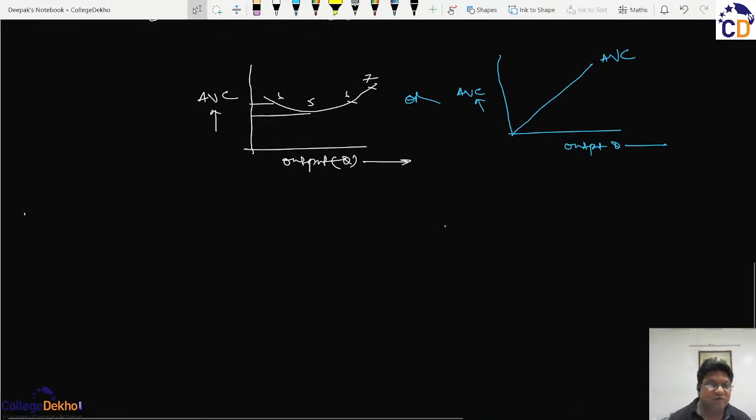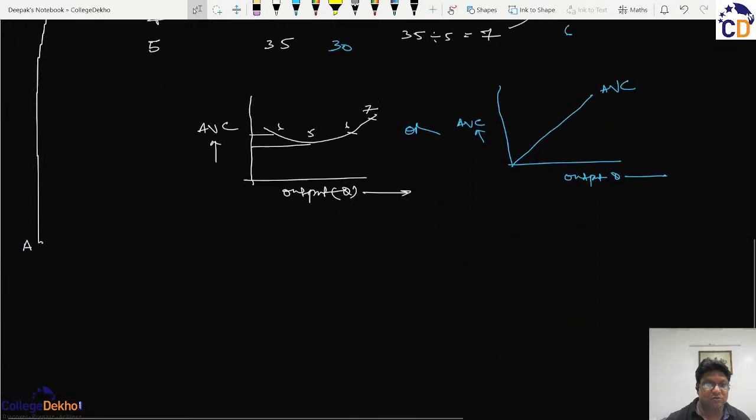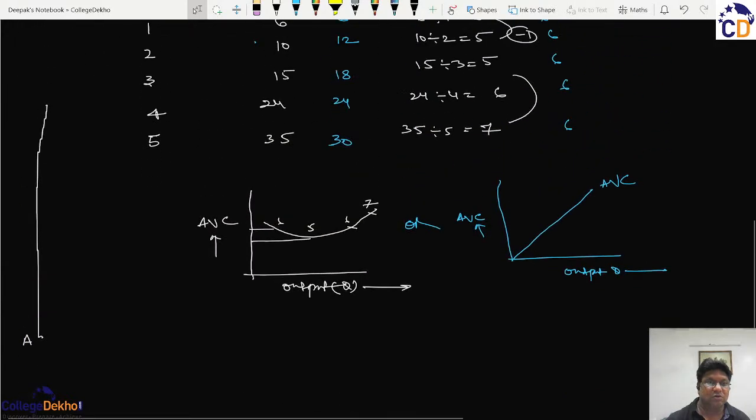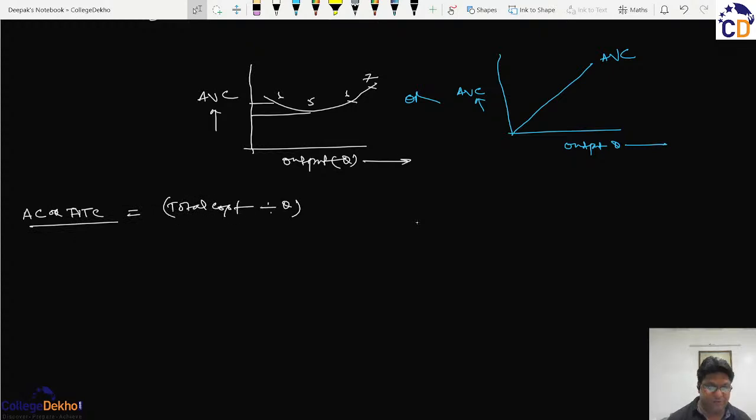Okay, so in relationship to these figures, now if I move to the average total cost, which will be equal to total cost divided by the quantity.